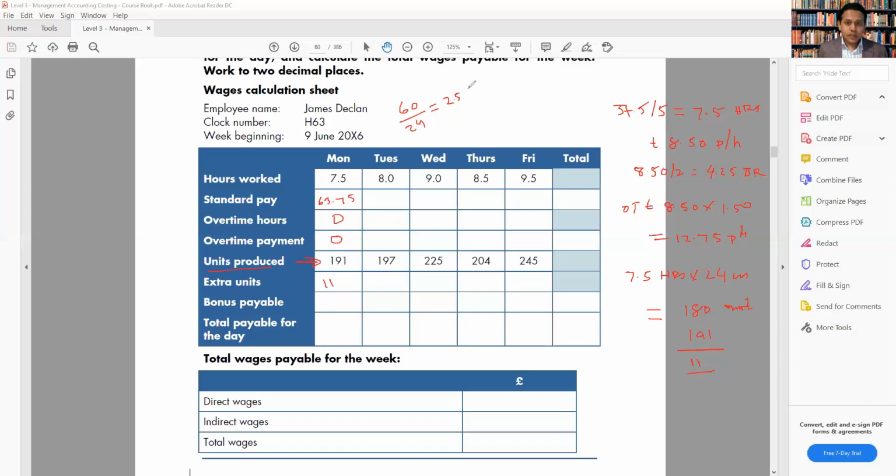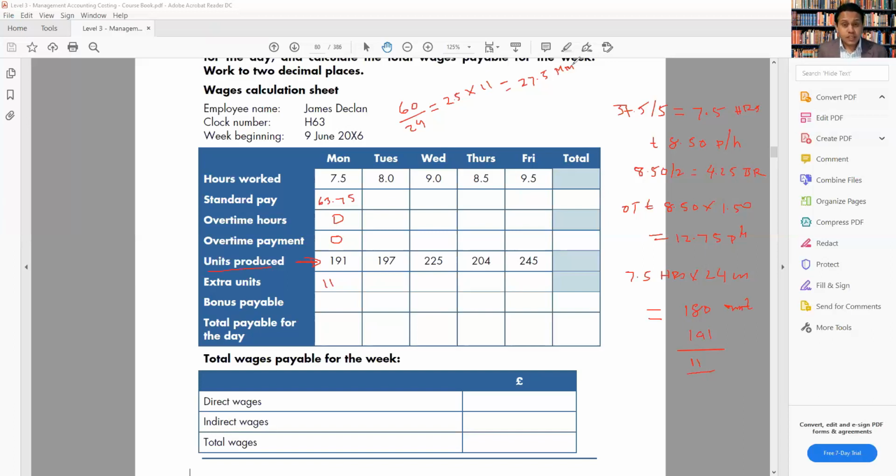That is 2.5 minutes. So for 11 units, how many minutes? 2.5 times 11 is 27.5. So 27.5 minutes James needs to make 11 units.